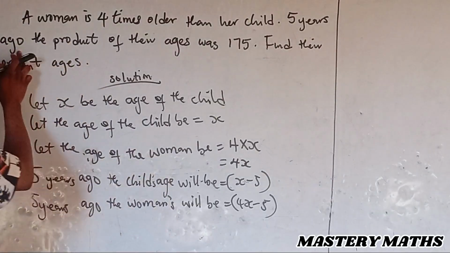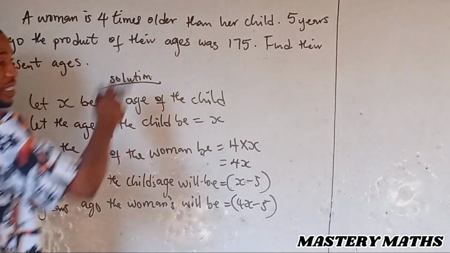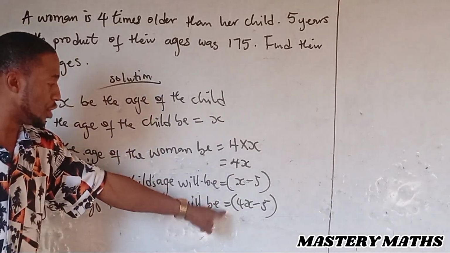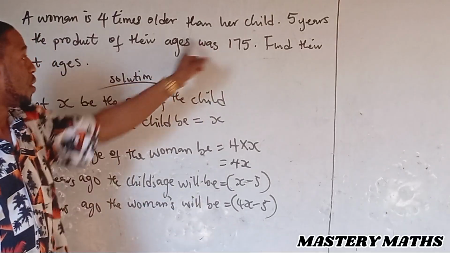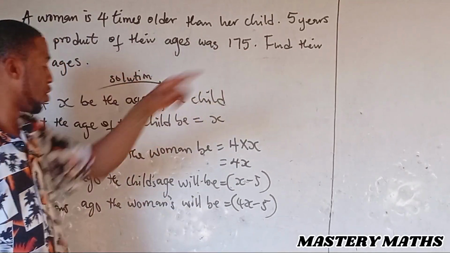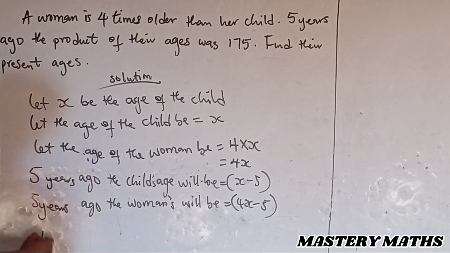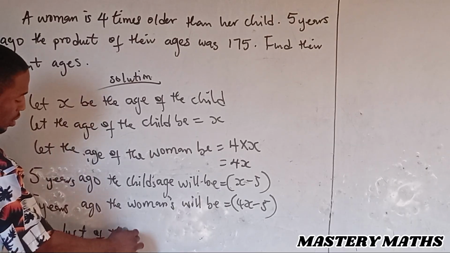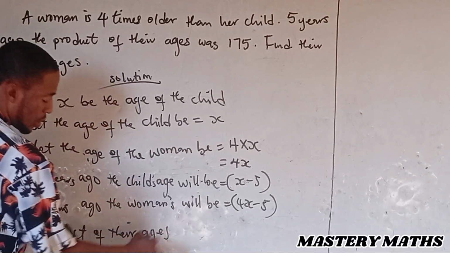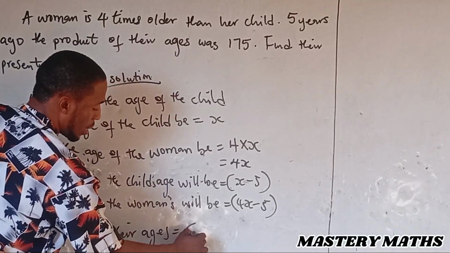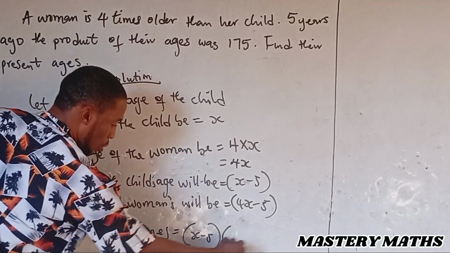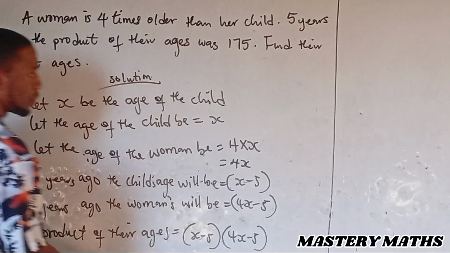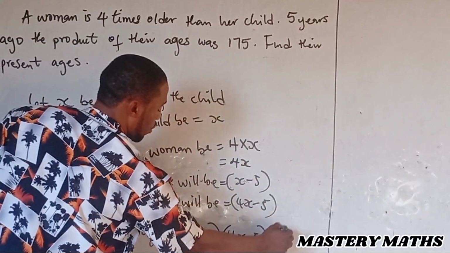And they said 5 years ago, the product of their ages. Product means multiplication. So the product of their ages was 175, which gives us (X minus 5) times (4X minus 5) equals 175.